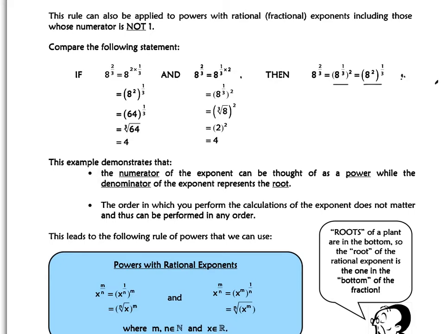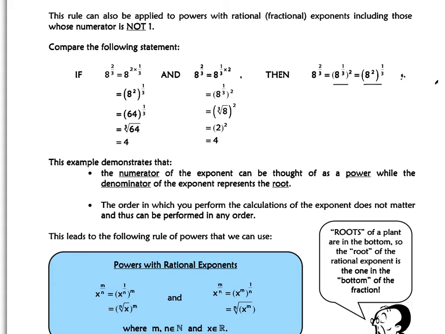So when I think of fractional exponents, I know that the one that goes with the root is the one that's in the bottom. So you can see up here 2/3, 3 was the one that went with the root part. It doesn't matter which way you do it, whether you do the squared first and then cube root after, or you cube root first and then do the square, but it is a cube root that you're finding. So the number that's in the bottom of that fraction will always be the root.